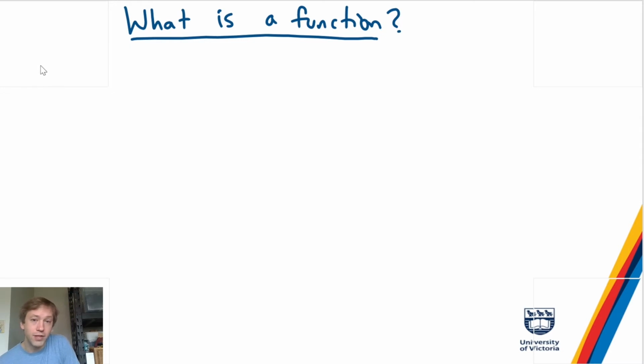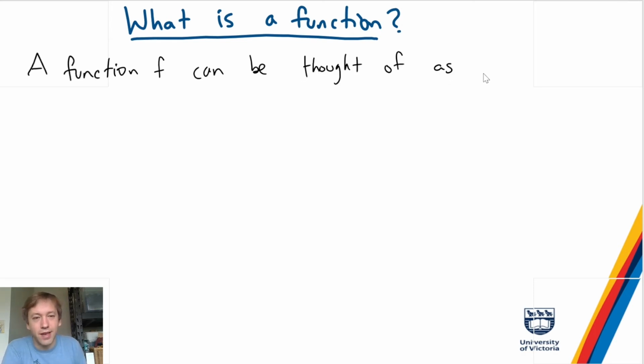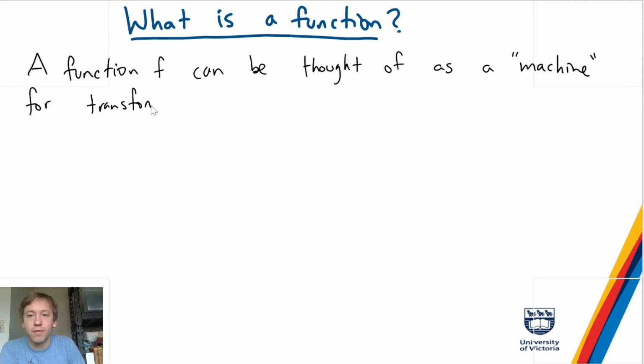So a function f can be thought of as a way, well, maybe not a way, but let's say maybe a machine. I don't know. So this is all very informal, but a machine for transforming an input x into an output f of x.